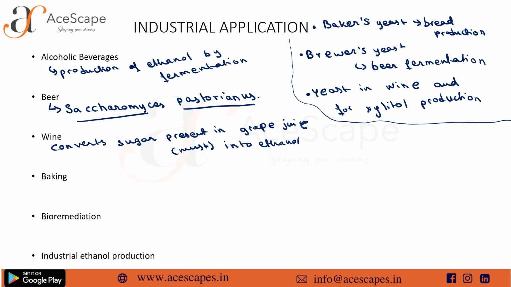Now for baking, the most common one is Saccharomyces cerevisiae. It is used in baking as a leavening agent, where it converts the fermentable sugar present in the dough into the gas carbon dioxide. This is very common.